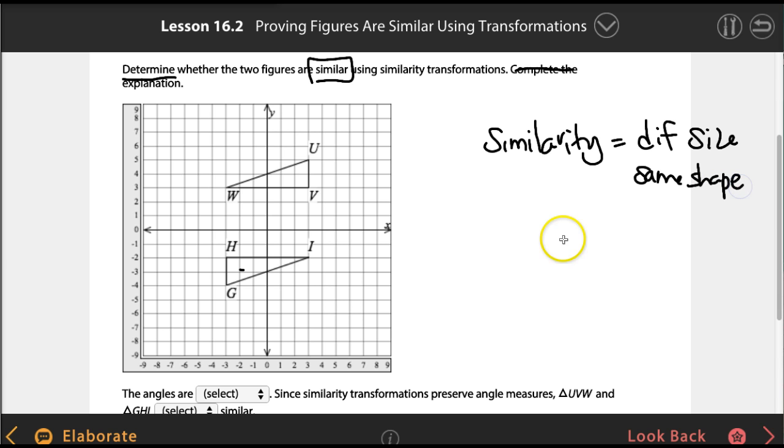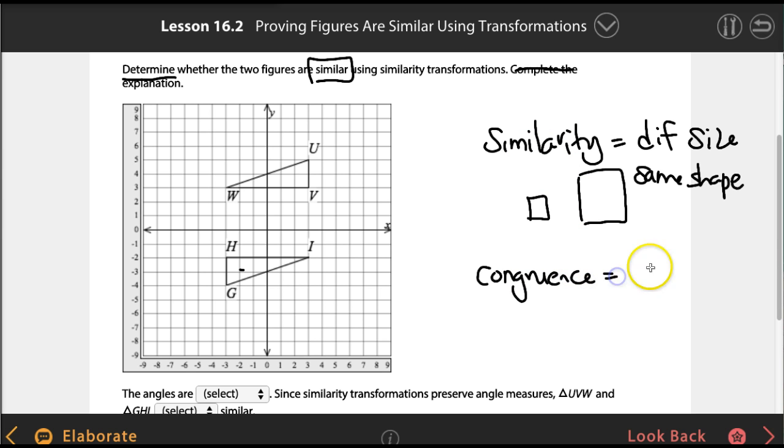The circle cannot turn into a square, okay? That they are not similar at all. It has to be the same shape, but maybe like the small square, all of a sudden turned into a big square. That's similarity. And then we talk about congruence, and congruence basically means it's the same thing. So that means same shape, same size.